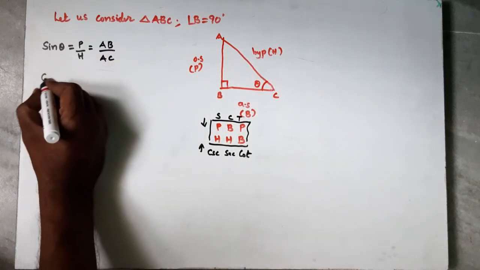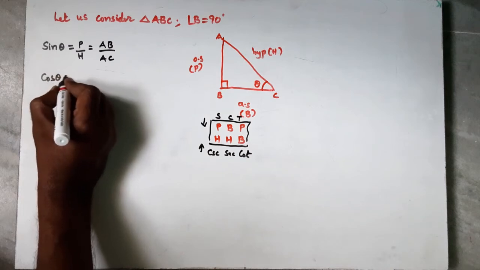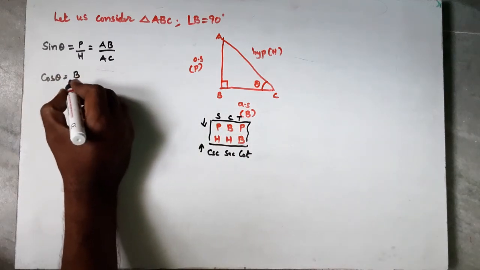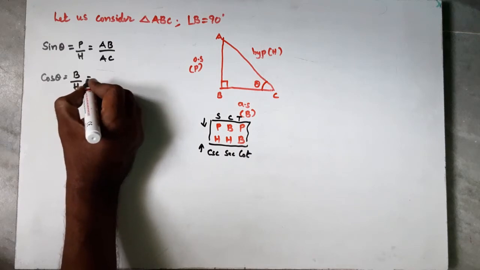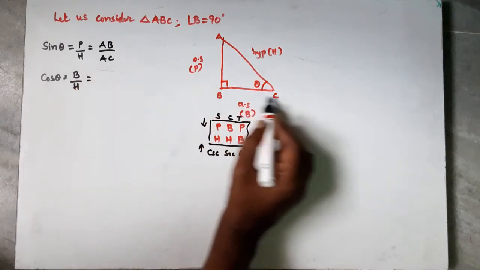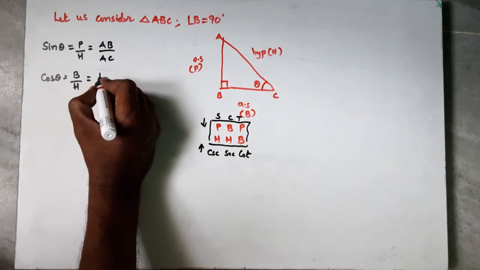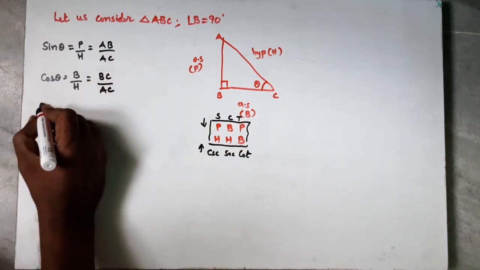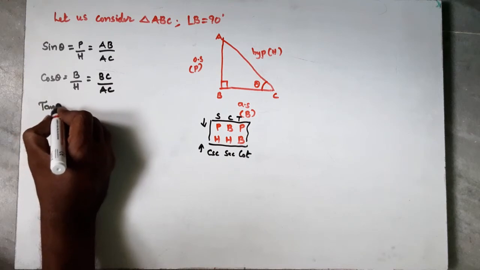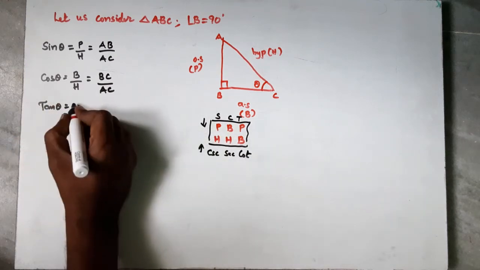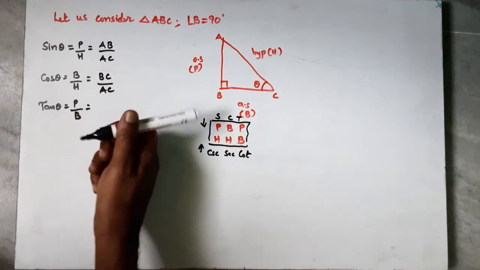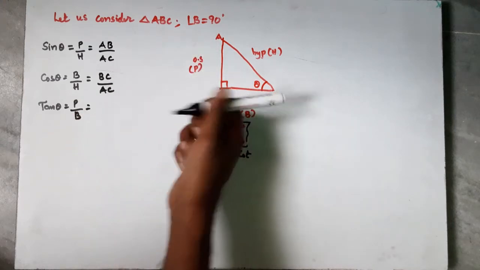Now cos theta is equal to B by H. So B by H, BC by AC. Then tan theta is P by B. So we can write P by B means AB by BC.